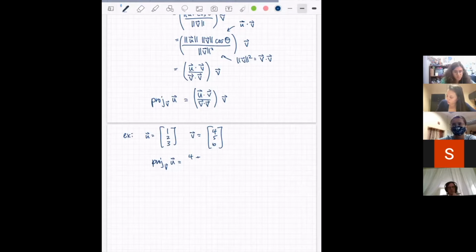Okay, so we have 4 plus 10 plus 18. And then in the denominator, we have V dotted with itself. So that's going to be 16 plus 25 plus 36. And then we multiply that by the vector V. I'll leave you to simplify this, but you can work out what this would be.